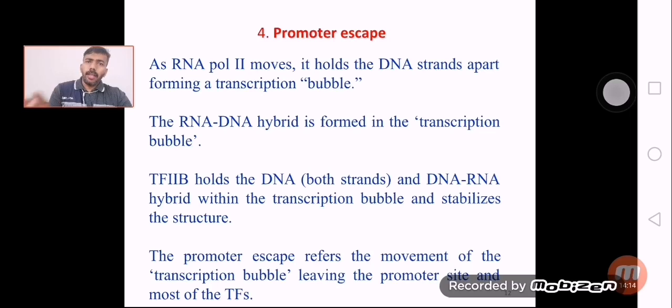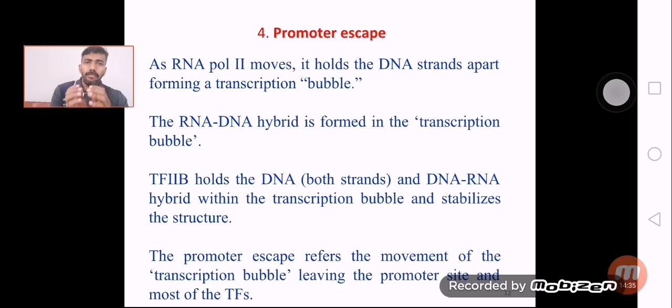So the TF2B is an important factor which holds the complex within the transcription bubble in the initiation stage. That means this TF2B can bind onto the DNA and RNA for stabilizing the structure.